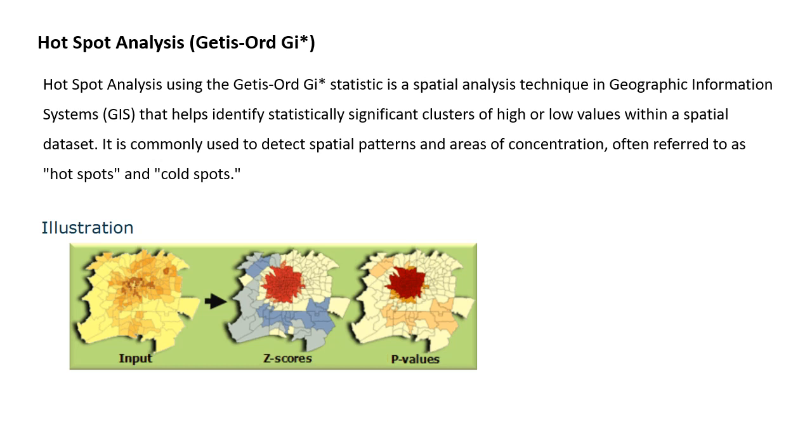As you can see here, the figure is given. The input here may be any data, like population density data. Then the important thing here is the z score. You might say I can calculate the z score in Excel, but as I have already told you, geostatistics includes spatial information.